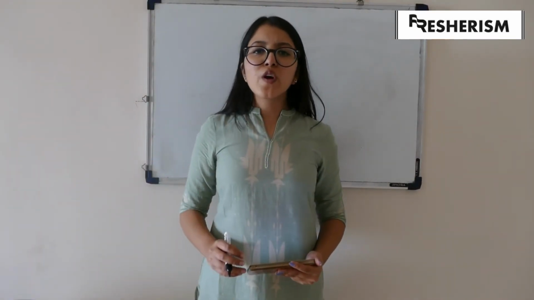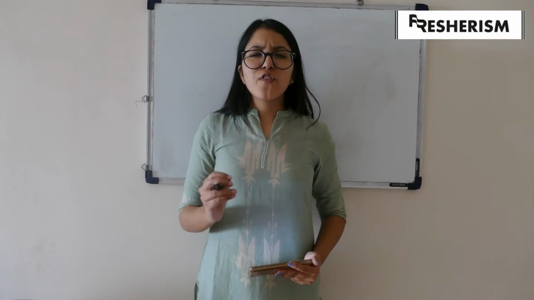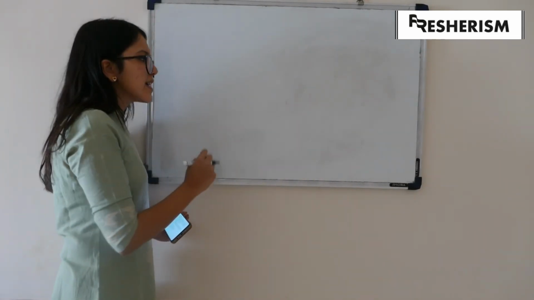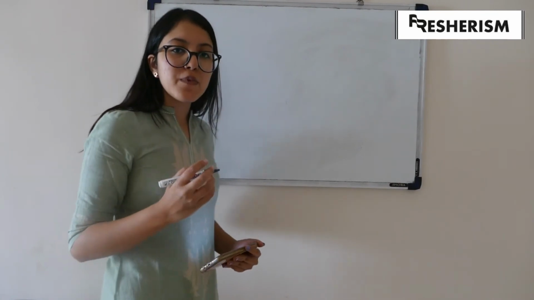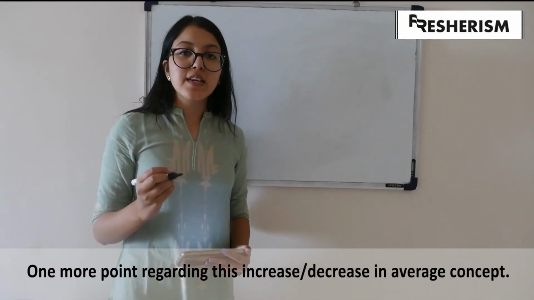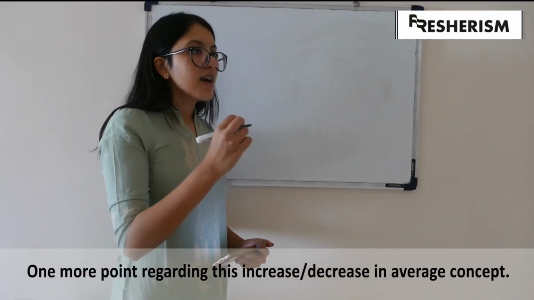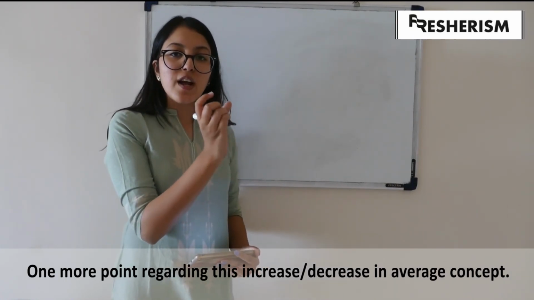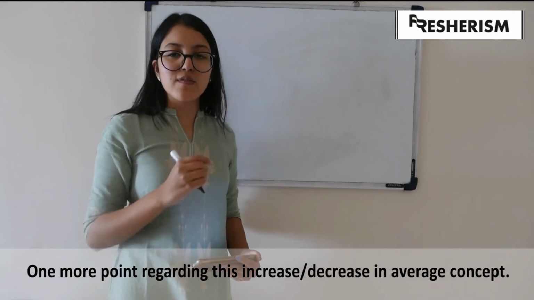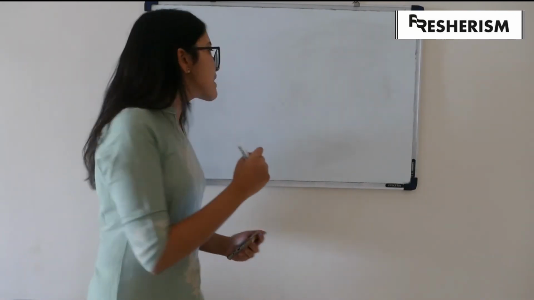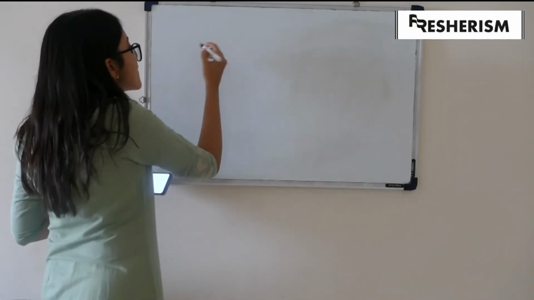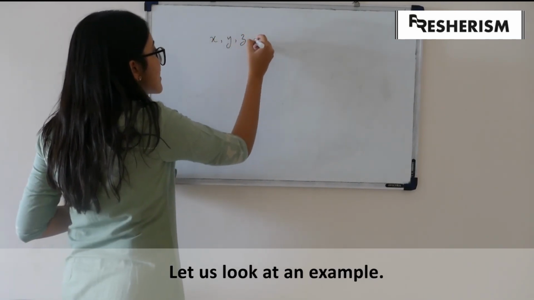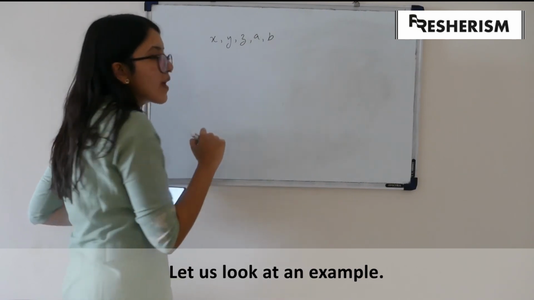Now, before moving on to our next concept, I first want you guys to remember this one simple thing. There might be many questions in your aptitude examination asking what will be the increase in mean value if a certain number has been added to all the individual values. Let us take this into consideration. We have 5 numbers, say x, y, z, a and b.